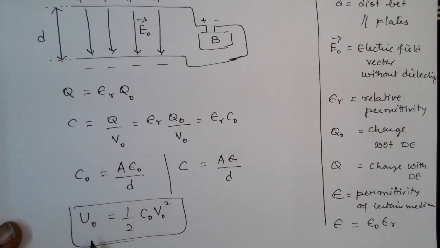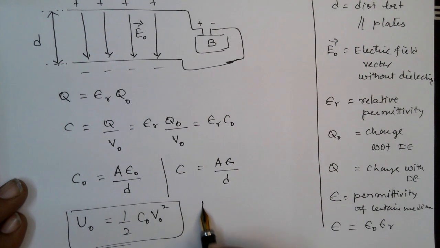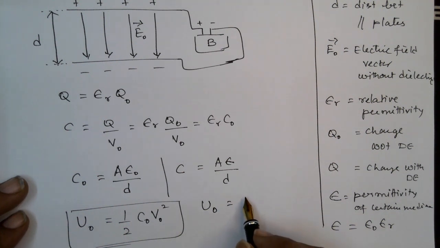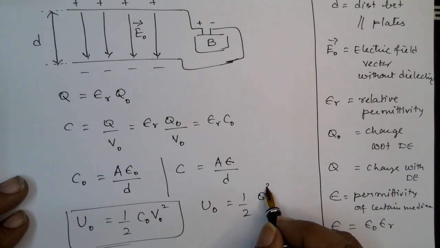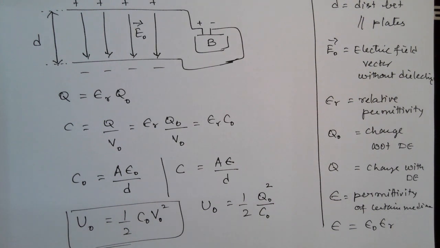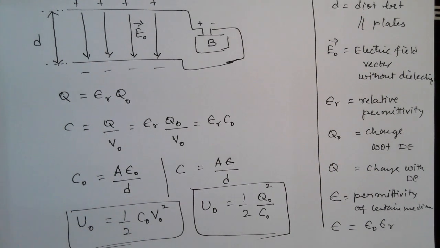And we can replace this also: U naught is equal to Q naught squared divided by 2 C naught. So this is without the dielectric.